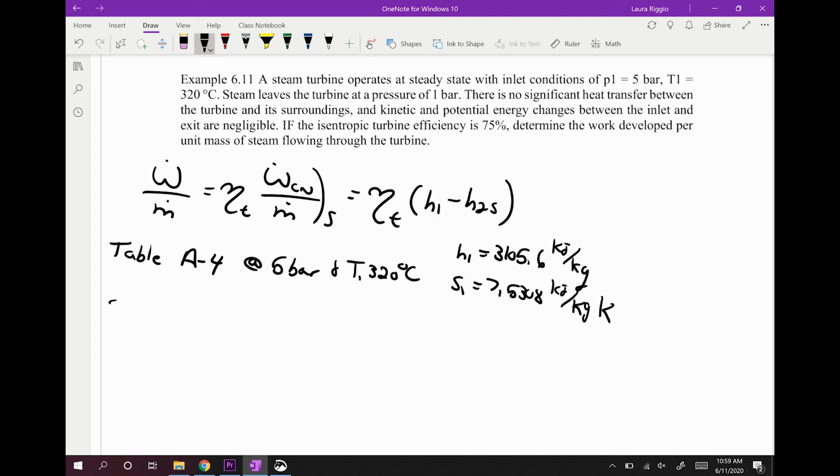So state 2 is fixed by P2 equals 1 bar, and state 2s has s2s equal to s1. So I'm actually fixing state 2s, not state 2 itself.